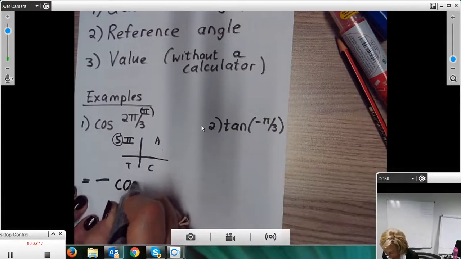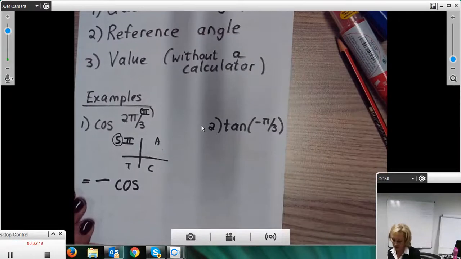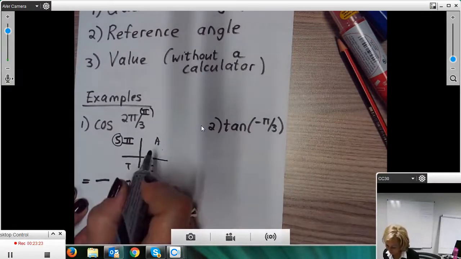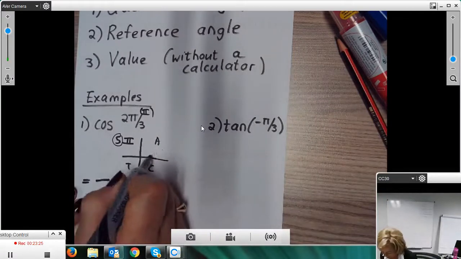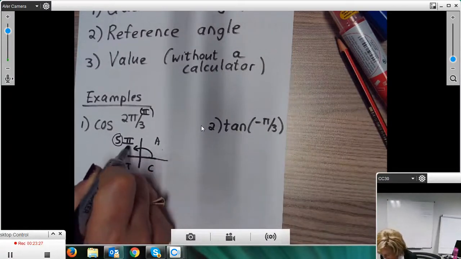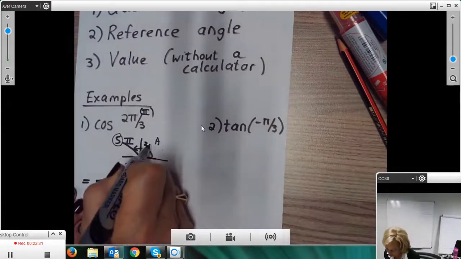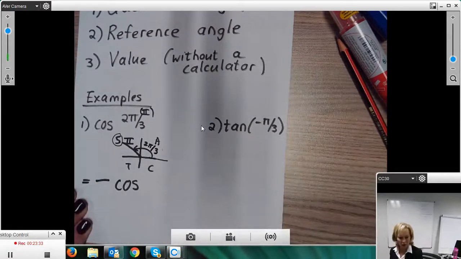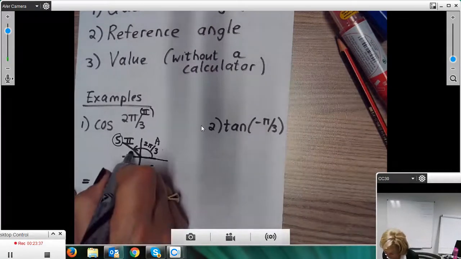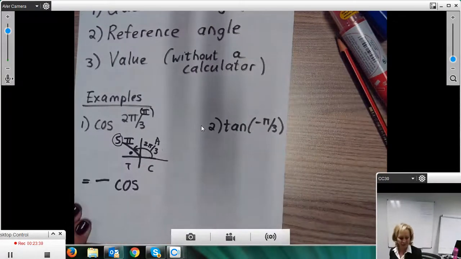Right, the next thing we have to establish is the reference angle. Okay, so if we look at 2 pi by 3, so it's 120 degrees, right? So the terminal arm takes me there. That is 2 pi by 3. Now in this diagram, in the second quadrant, this is going to be your nearest x-axis.